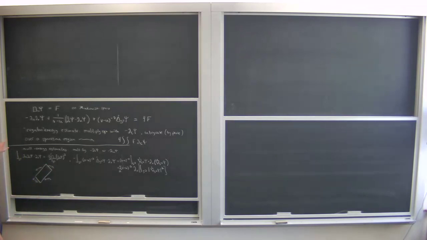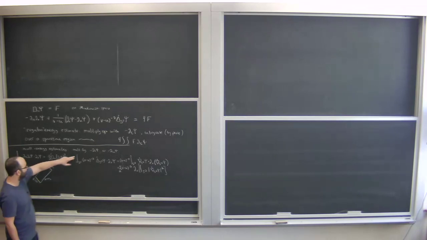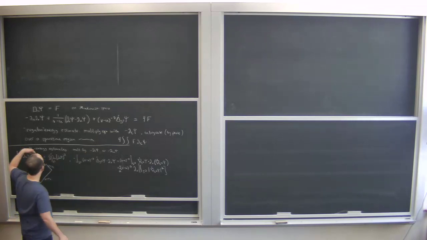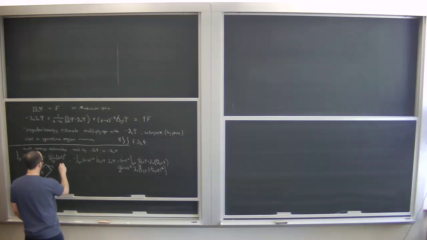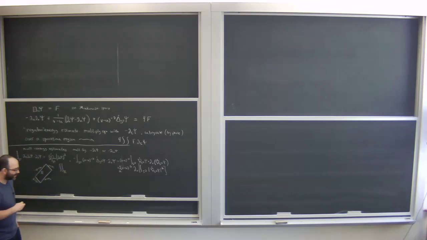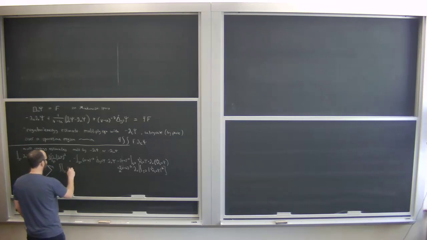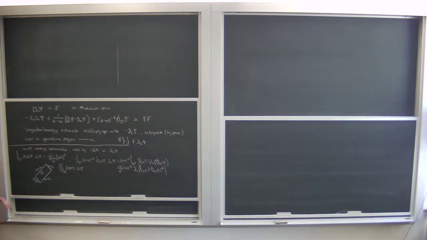Using these facts, I can take the equation, multiply it by dv, and integrate by parts over this rectangle R. I'll write a double integral just to indicate that it's a space-time integral of my equation times, say, minus dv of psi.